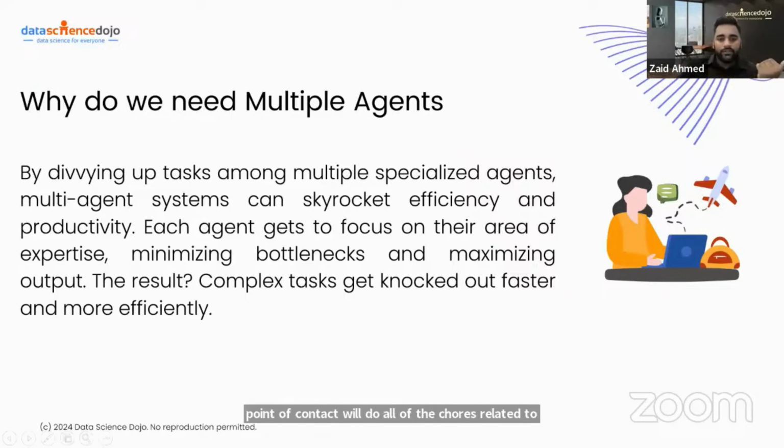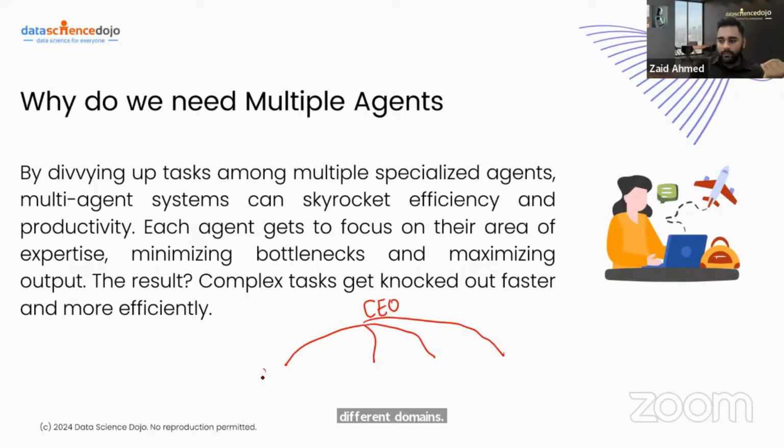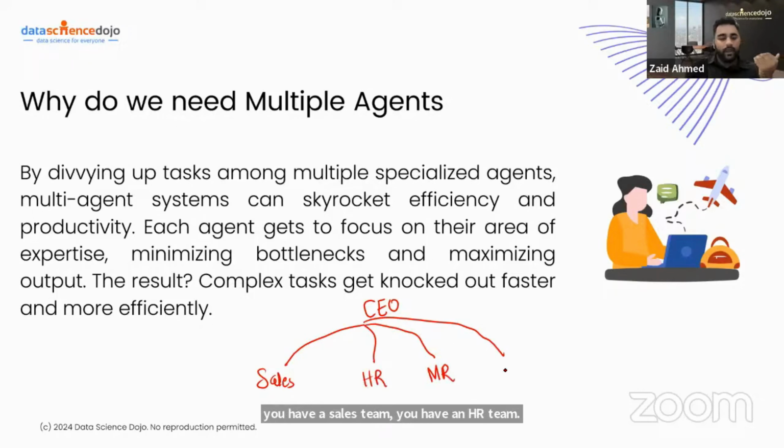If I draw something really quick on this slide deck, it would look something like this: you have an organization, a CEO over here, and all of these different domains. You have a sales team, an HR team, a marketing team, and a legal team. A multi-agent workflow can help the CEO as a personal assistant.